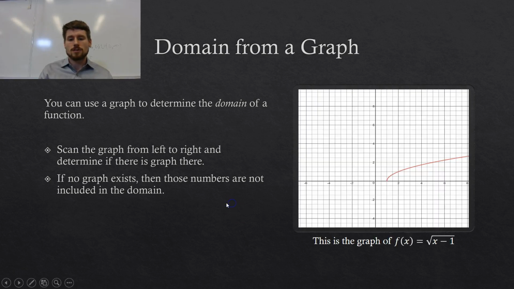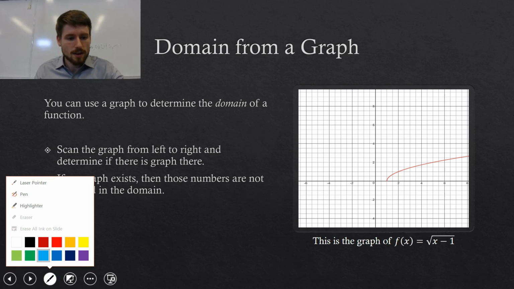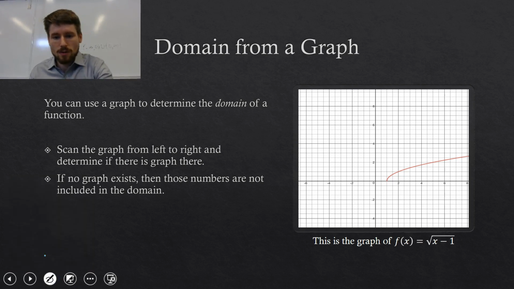Okay. So here's an example. That's the graph of the square root of x minus 1, and I just got this from Desmos. So you can use lots of graphing tools or your graphing calculator to get graphs. And if you scan this from left to right, so let's do that together, you're going to see there's nothing over here. It's nothing, nothing, nothing.